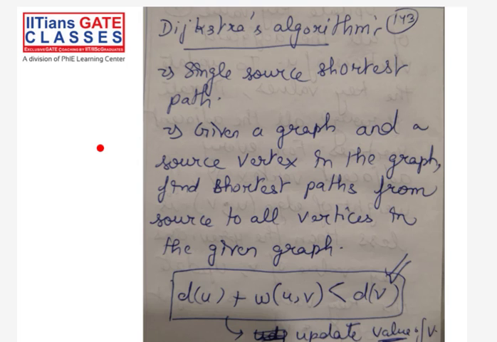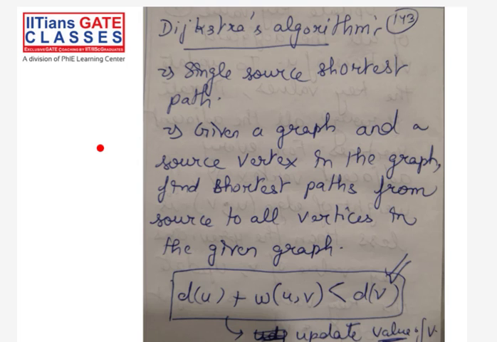Below is the update equation that you should remember. d(u) is the current key value of u, and d(v) is the current key value of v. If the distance from source to u plus the weight of edge (u, v) is less than the distance of source to v, that means we are able to reach v from source in a shorter distance.